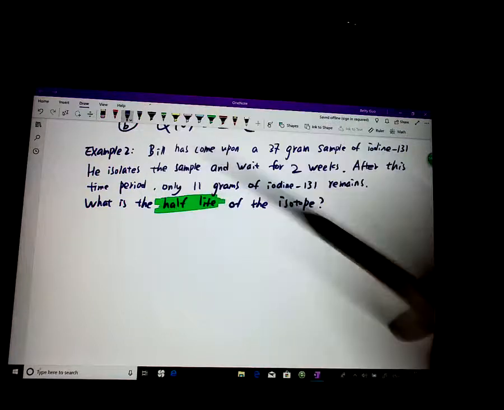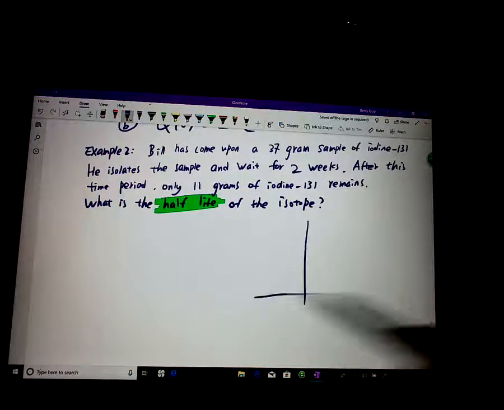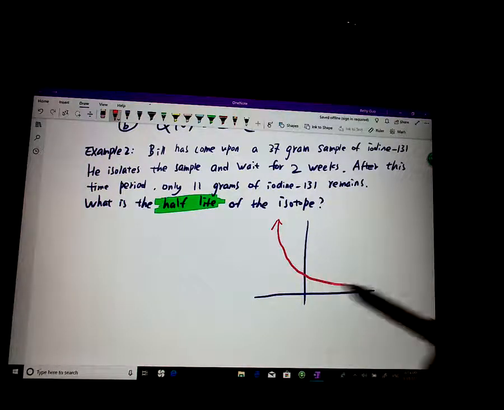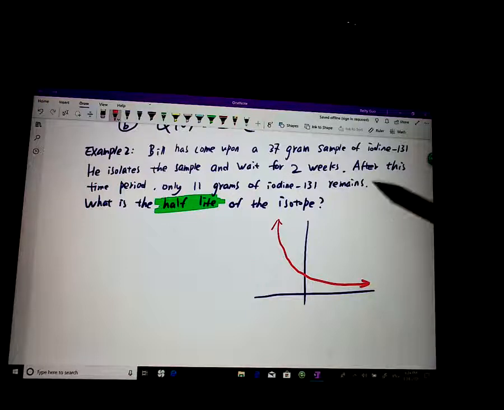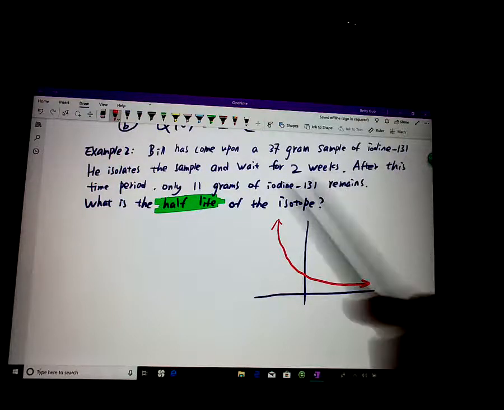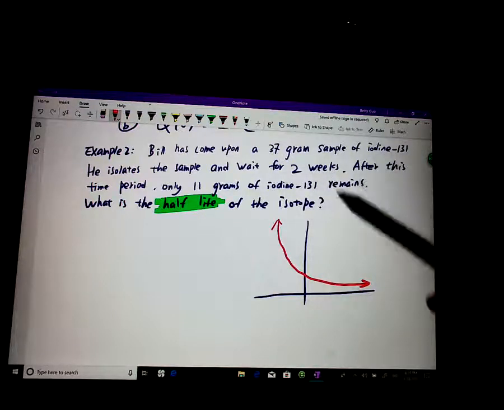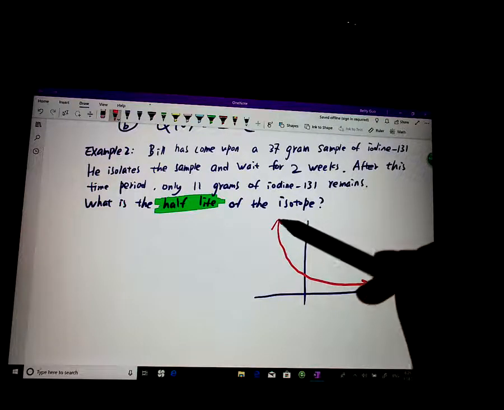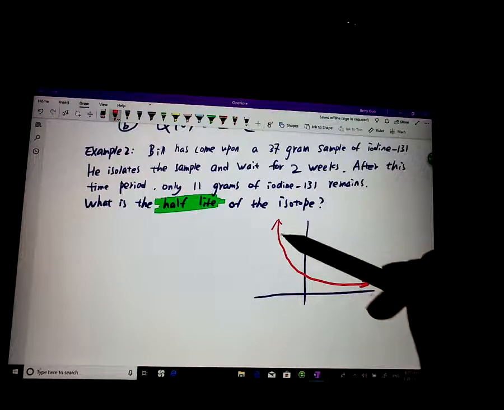Be aware, this is an exponential decay. So the weight of the isotope is decreasing in this pattern. You can see in the beginning, it is decreasing very fast, right?